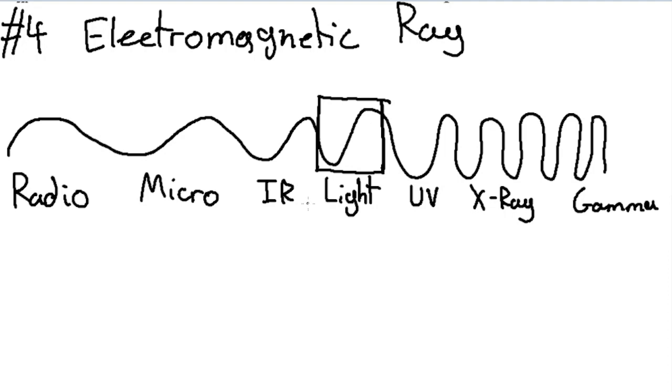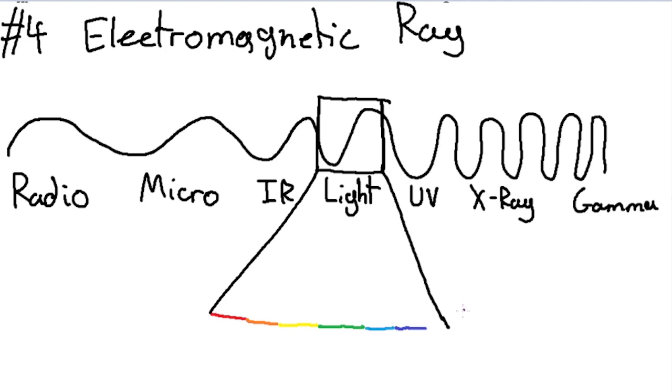And in visible light, when we zoom in the section of visible light, we can see the 7 colors of the rainbow. So we have red, we have orange, we have yellow, and then it's green, then blue, indigo, and then finally purple. So the 7 colors of the rainbow.